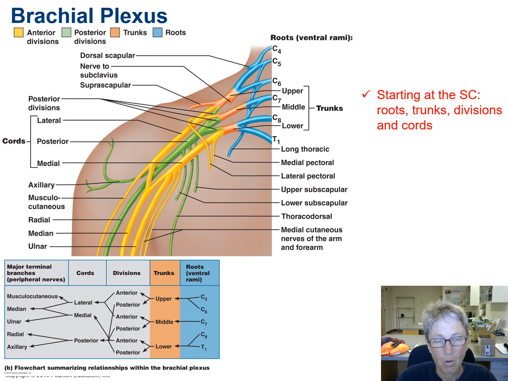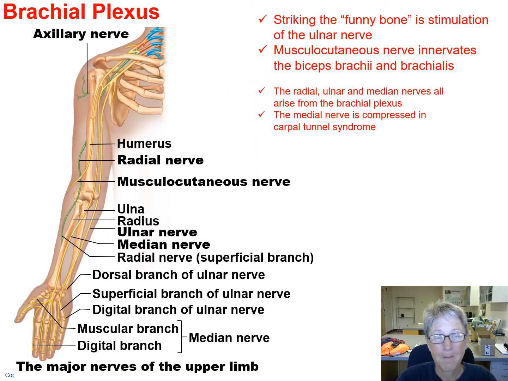So you go from roots, and then you morph into a trunk, and then you morph into an anterior and posterior division, and then you become a cord. So that's basically just terminology of the plexus.